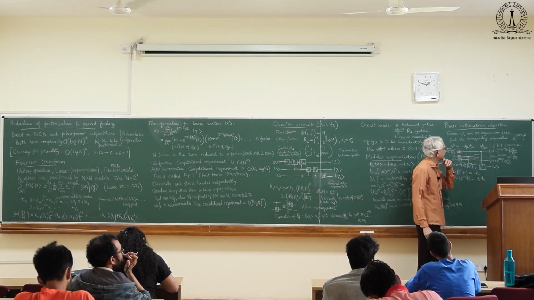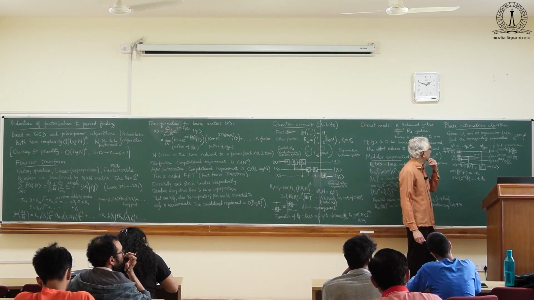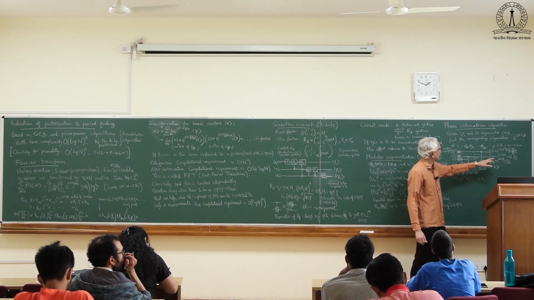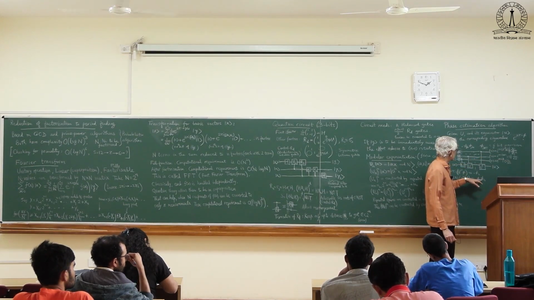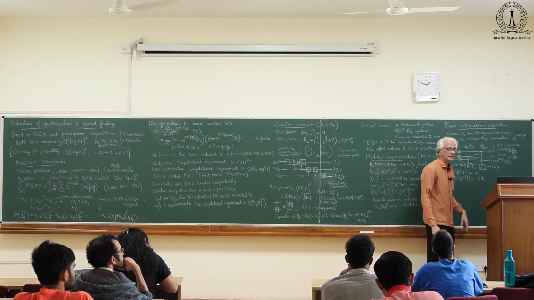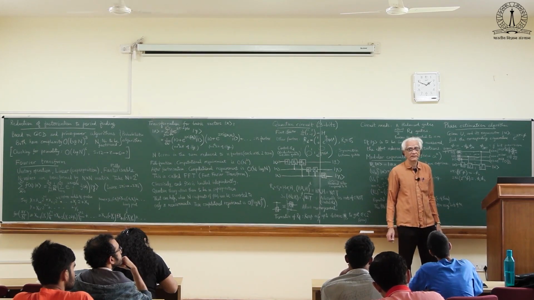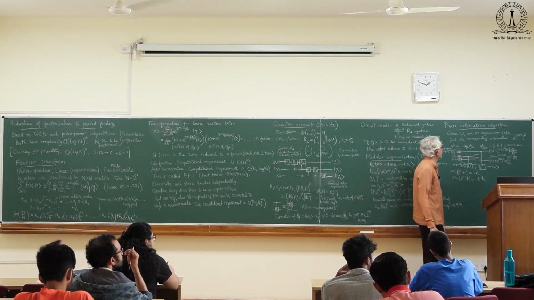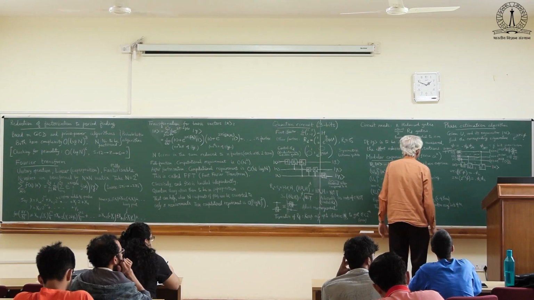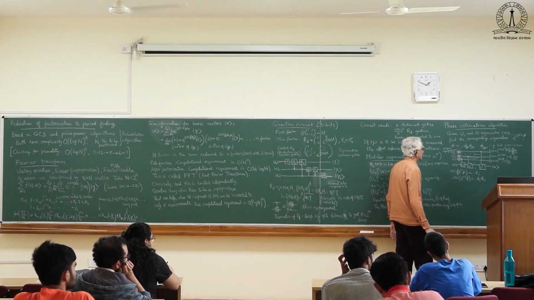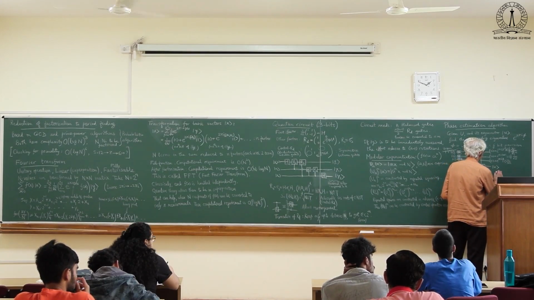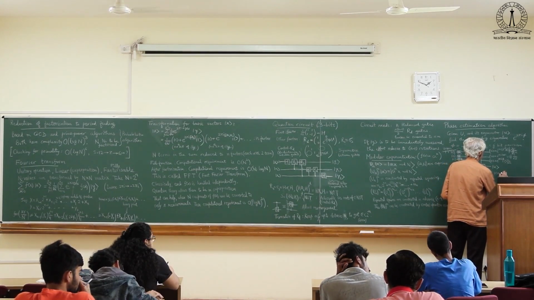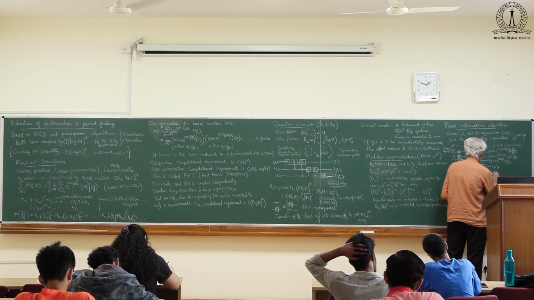So all I need to do is replace this stuff by the corresponding phases. And that gives a notation which is 1 by root 2.